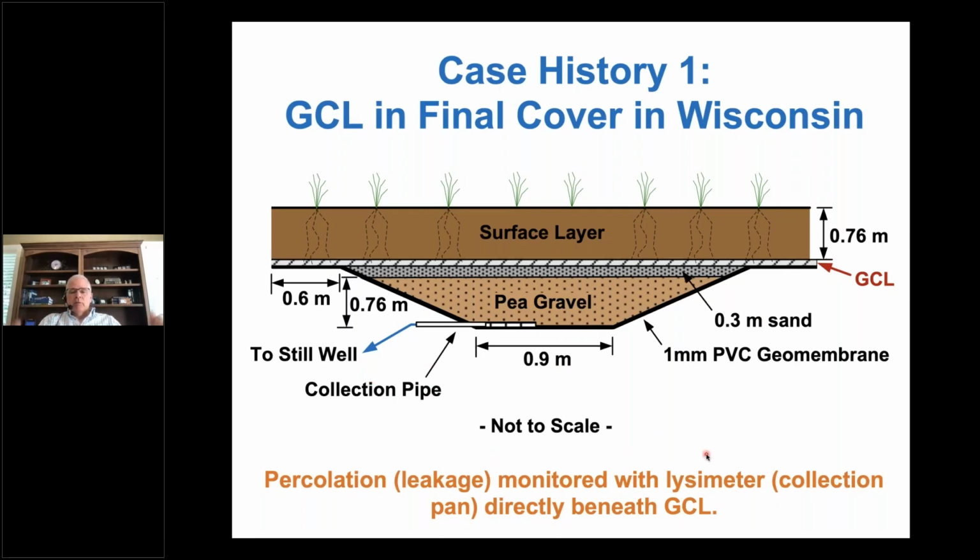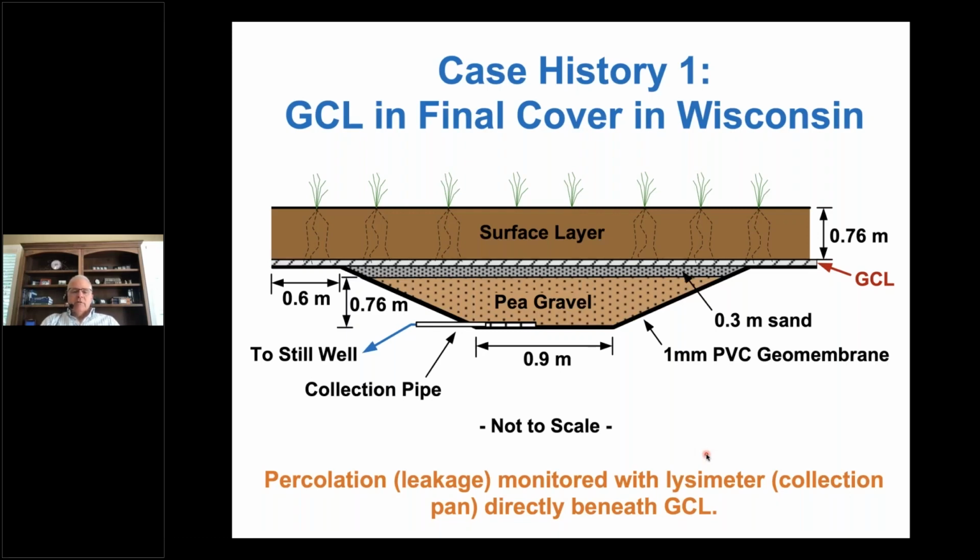In fact, lysimeters for covers have come a long, long way since this first case history in Wisconsin. This was actually about 20 years ago now, so it's an older case history, but it's really rich in information. Now, engineers built this and started monitoring it.